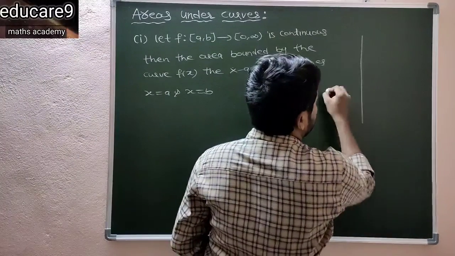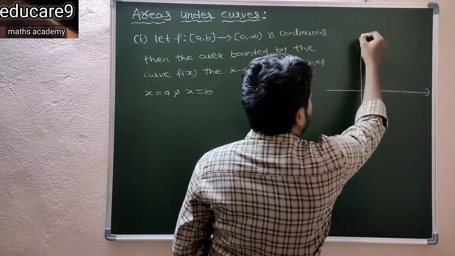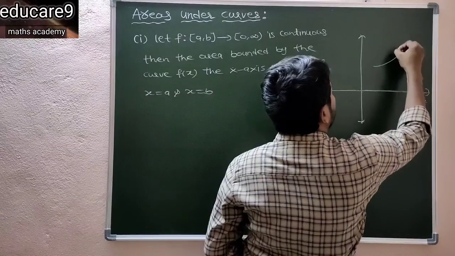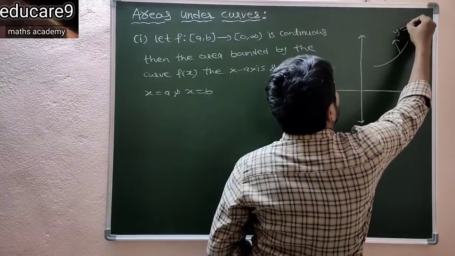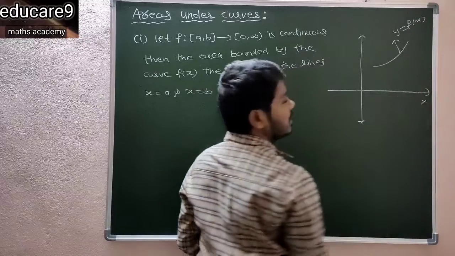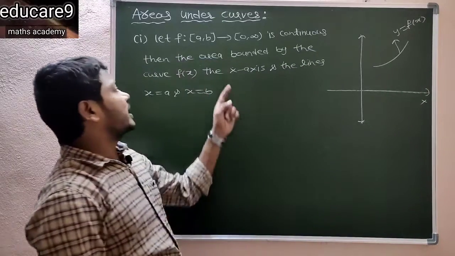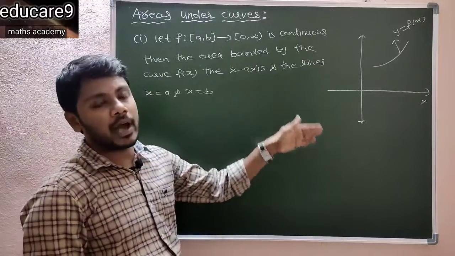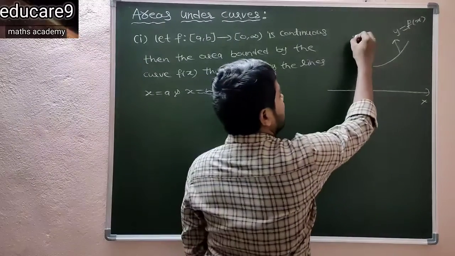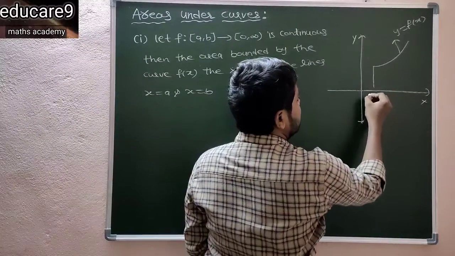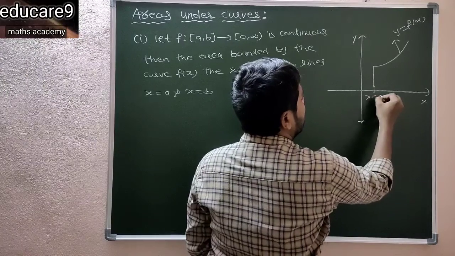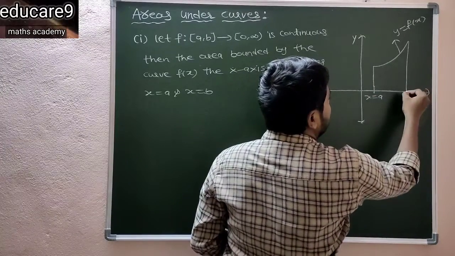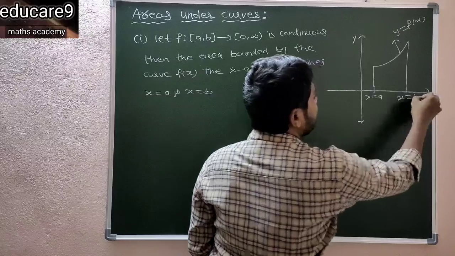Suppose this is the coordinate axis. Let y equals f of x be any curve, and the given lines are x equals a and x equals b. Clearly these lines are parallel to the y-axis.